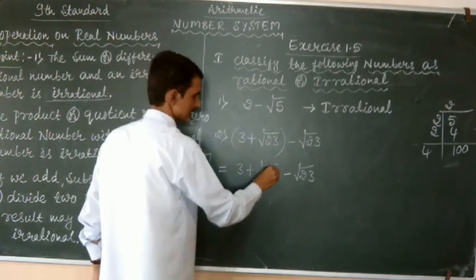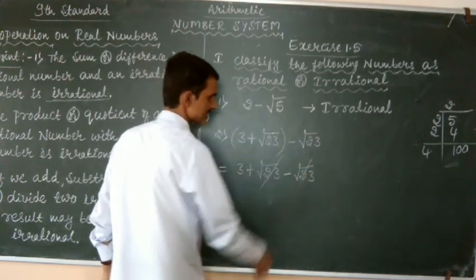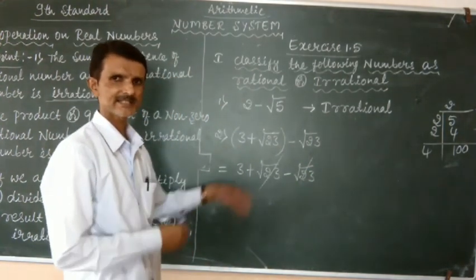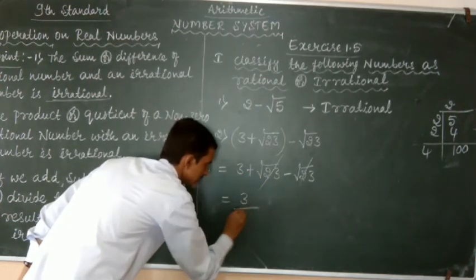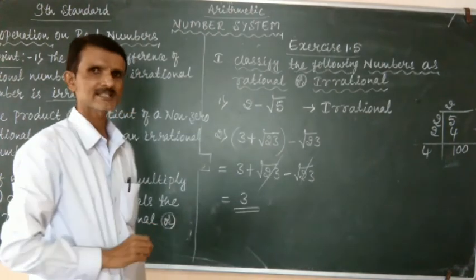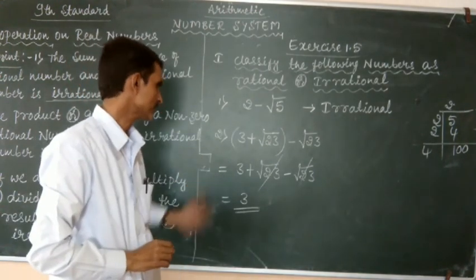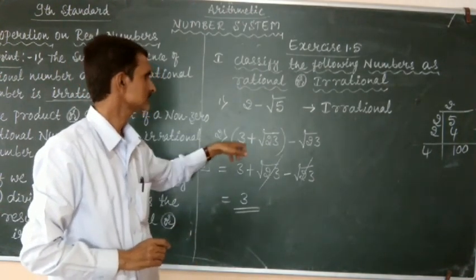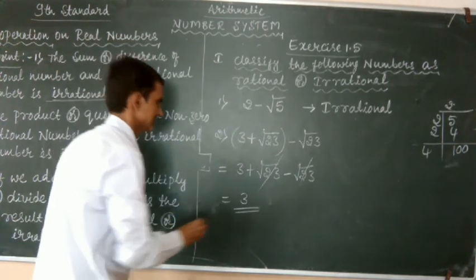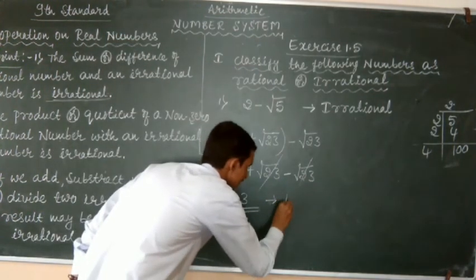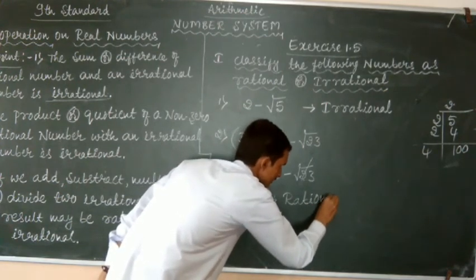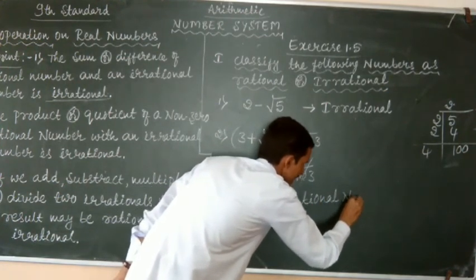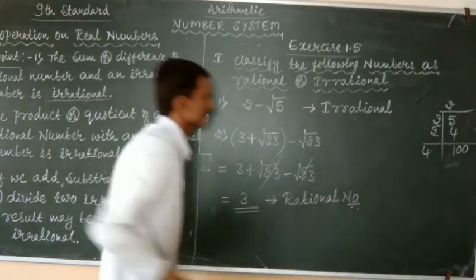Here the plus root 23 and minus root 23 get cancelled. So we will get the answer 3, which is a rational number. Therefore, this is a rational number.